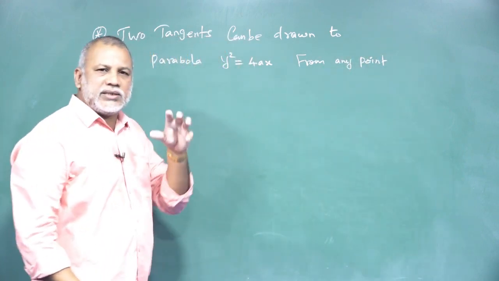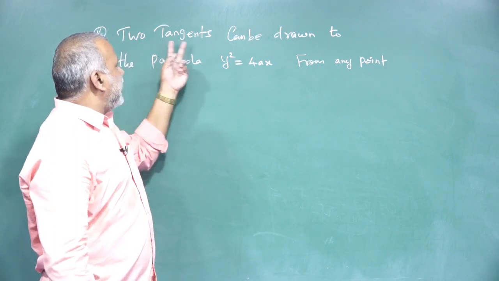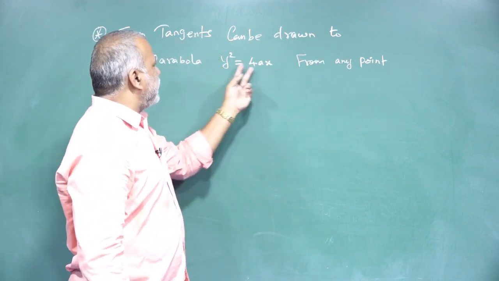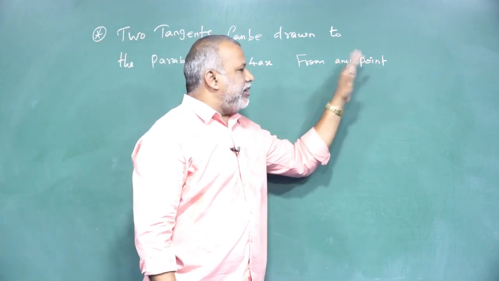This is the next theoretical condition. Two tangents can be drawn to the parabola y squared equal to 4ax from any point.